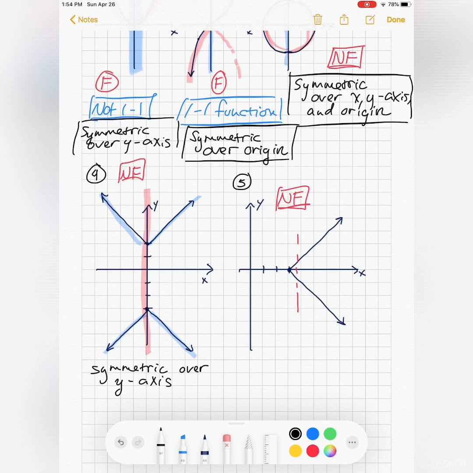Let's see if there's anything else. Okay, what about the x-axis? Not quite, because if I take this and fold it down, it lands here. Okay, so that doesn't quite work. So then that wouldn't be symmetric with the origin either. Okay, so this one is just symmetric over the y-axis.